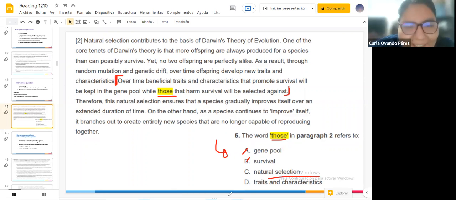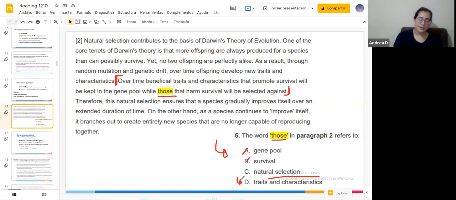Yes, I say D, because I see that in the sentence, traits and characteristics, and the sentence says that these traits and characteristics could promote survival or not. Okay, yes, you're completely right. Perfect. So yeah, it is the traits and characteristics.